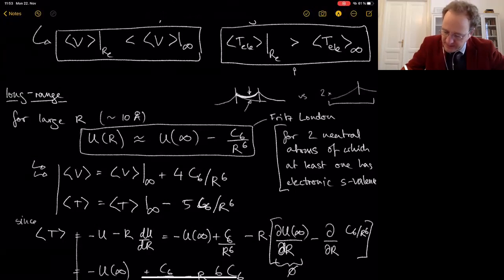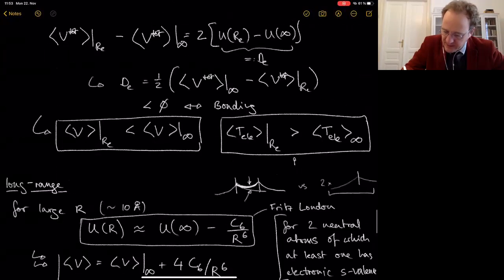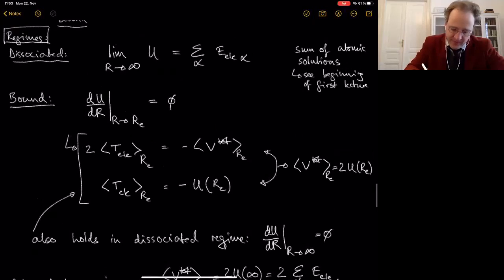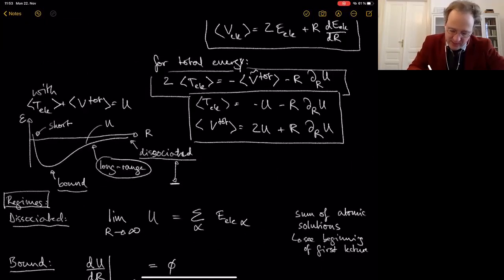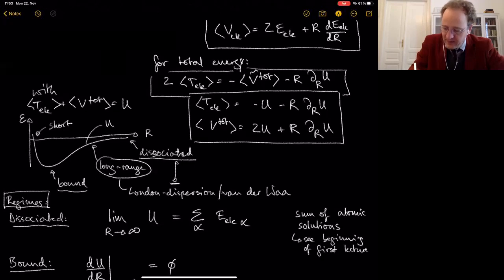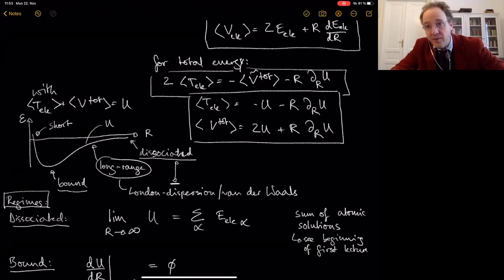So in this long-range regime for the neutral atoms, this is also known as London dispersion, or also van der Waals. And so from the gas law studies of van der Waals, you can arrive at this dissociative tail of R to the minus 6.